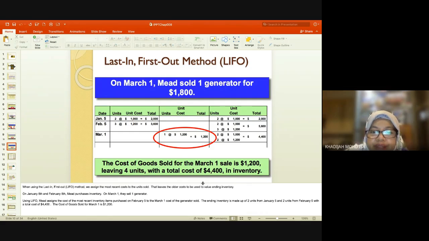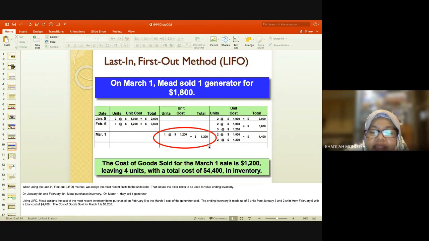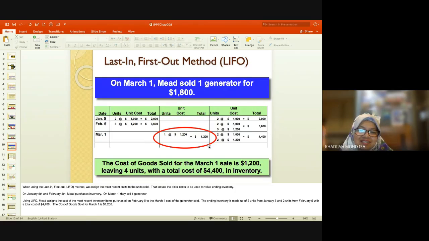Okay, what about your COGS? Where would it appear? Anyone? COGS. Is it in the income statement? Yes. Subtracting from the revenues? Yeah, your COGS appears in your income statement. So you have your sales minus COGS.